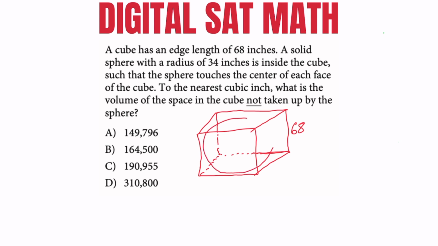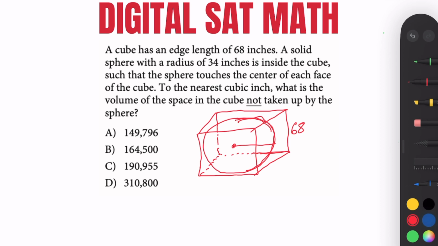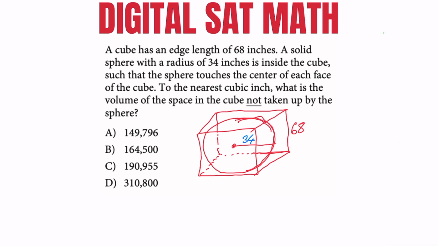The sphere is touching the bottom and the center of the surface as it's indicated in the question, and a radius of 34 inches. So technically the question is, we will try to find the remainder volume around the sphere inside of the cube.